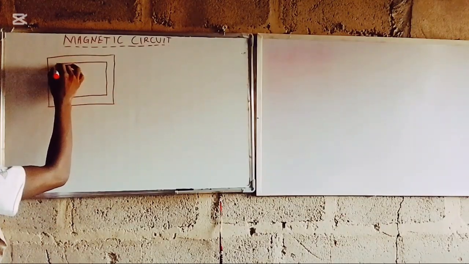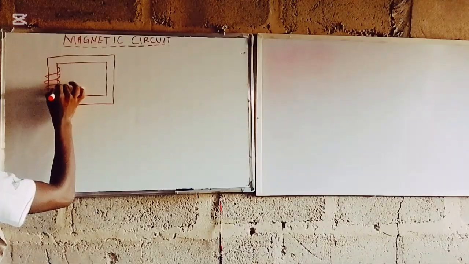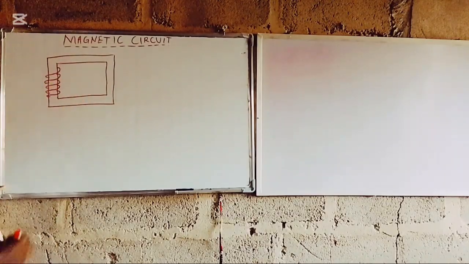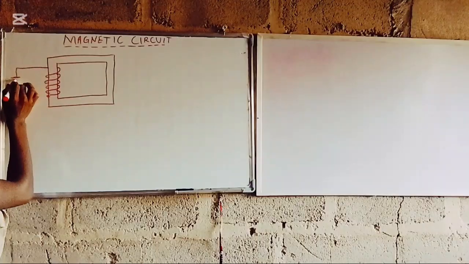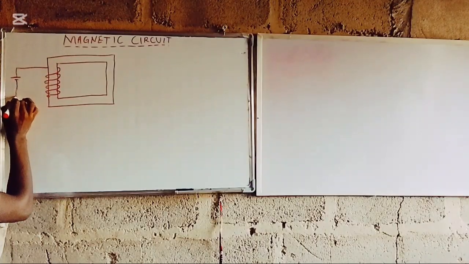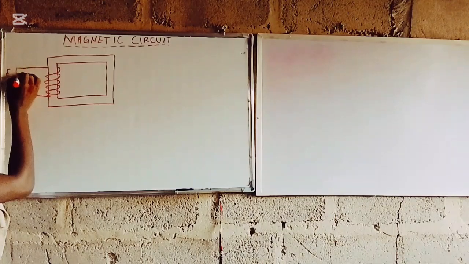This is the number of turns, and we have the induced voltage of the primary side.